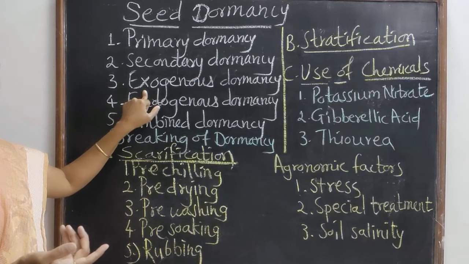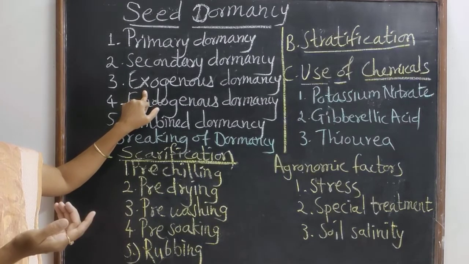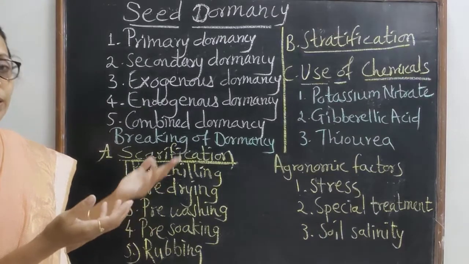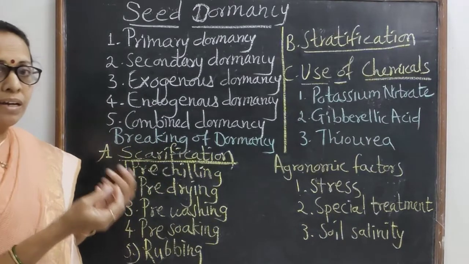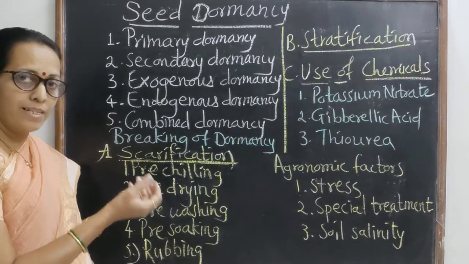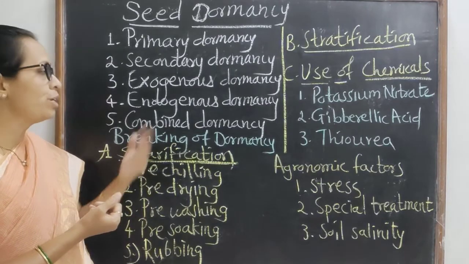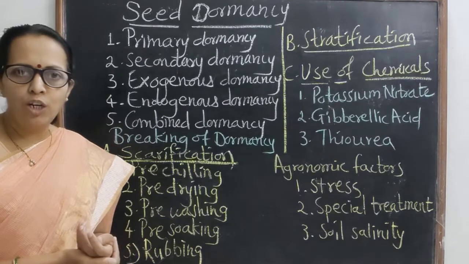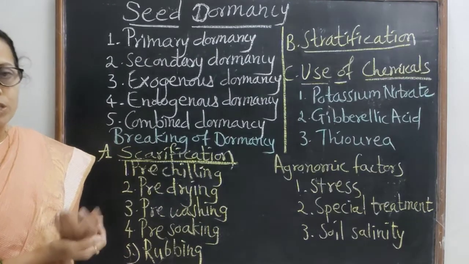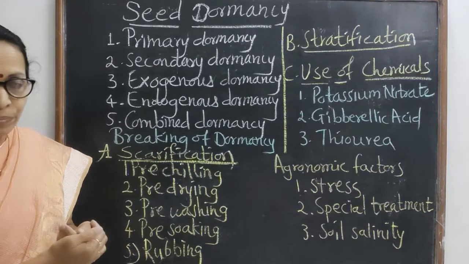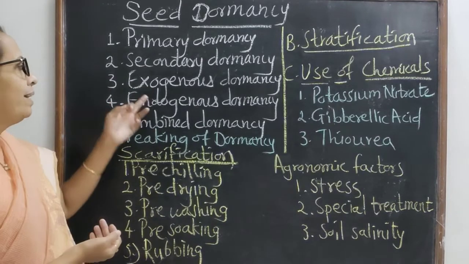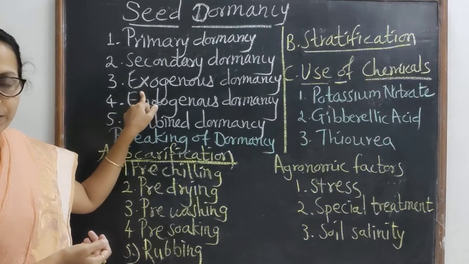That may be a physical reason, that is, the seed coat may be hard, or there may be some mechanical resistance in the seed coat due to which dormancy is there, or it may be due to some chemical which is present in the seed coat. Because of that, dormancy is observed. We call it exogenous dormancy.